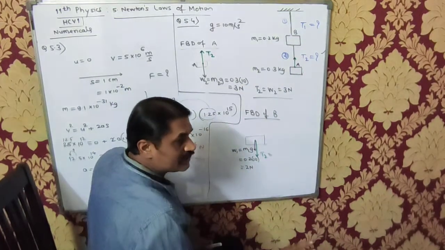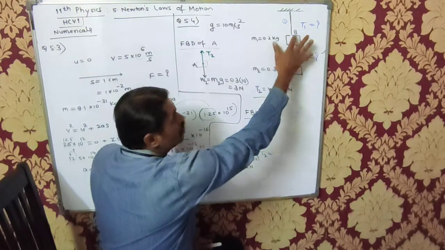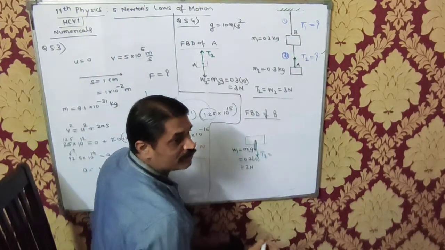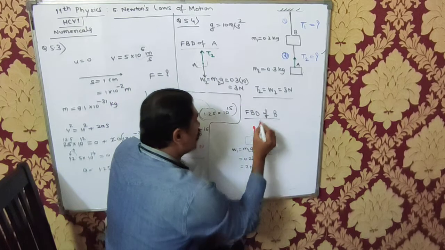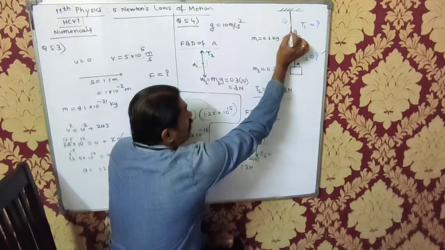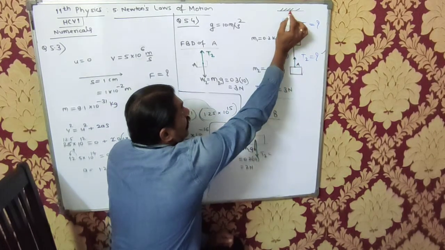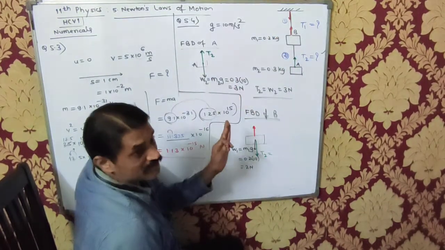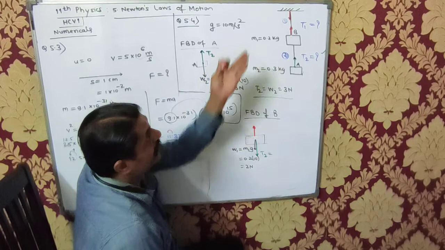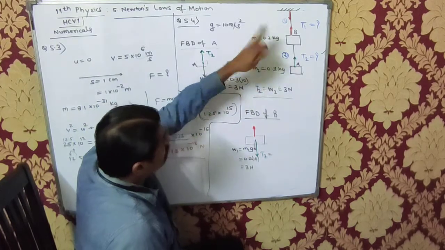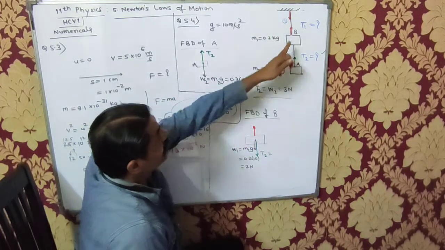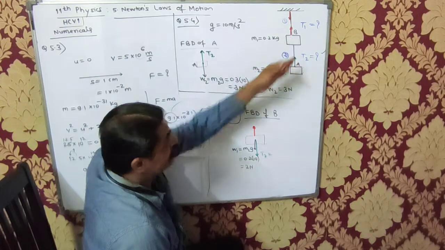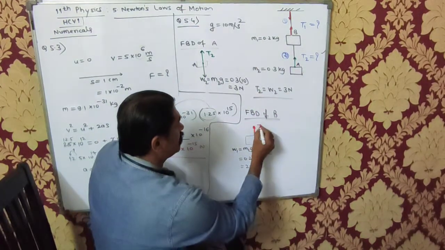What is the body under consideration? This block. So which force will we show? It is the upward force that I will have to show here, because this string is pulling this block up and the support down. If I am drawing the free body diagram of the support, then the tension is pulling it down. But if I am considering this block B, then this block B is being pulled upwards, that is T1.